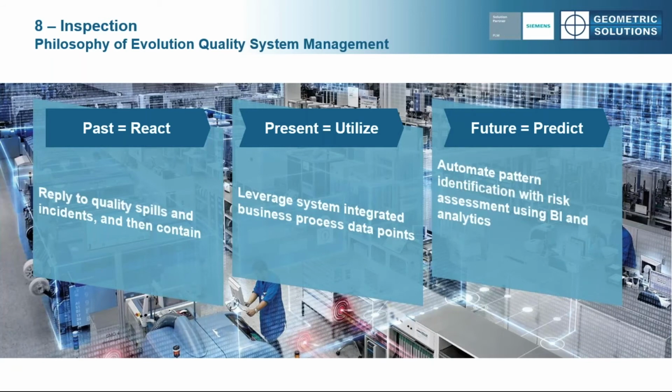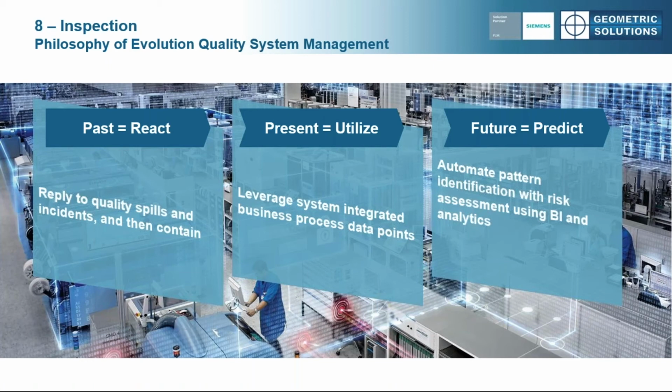The philosophy and evolution of quality management systems has been in the past to react. If there's a spill or a scrap piece or any incidents, you contain it. Then to the present, a lot of folks are leveraging integrated systems, SPC, stuff like that. But the big thing is in the future, to predict using business intelligence and such.